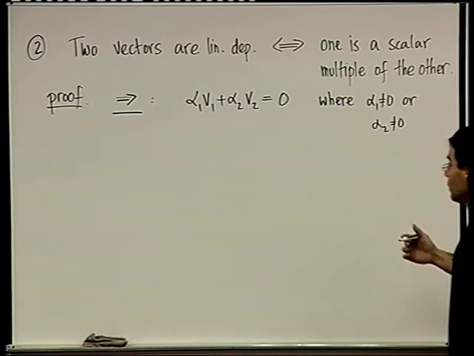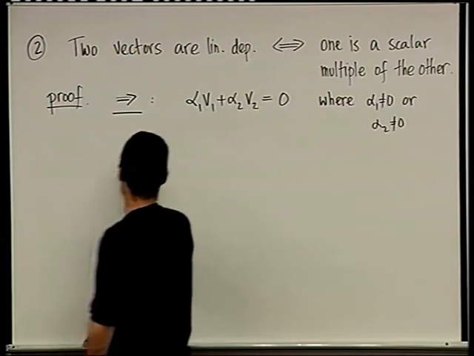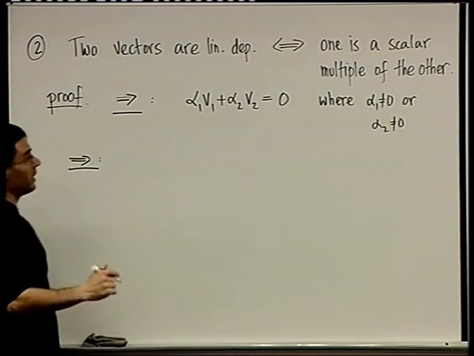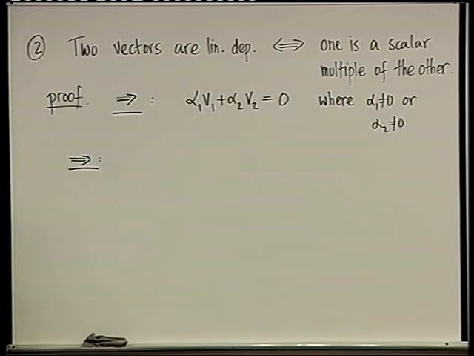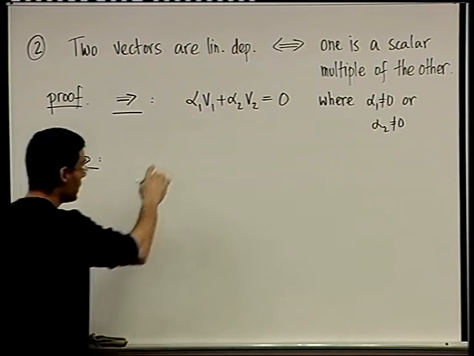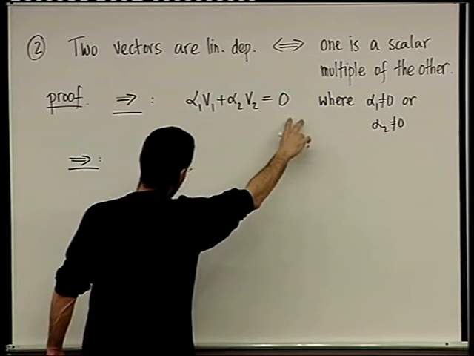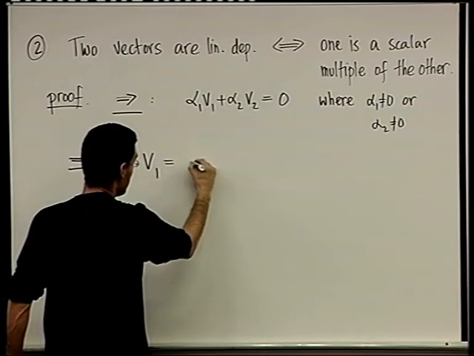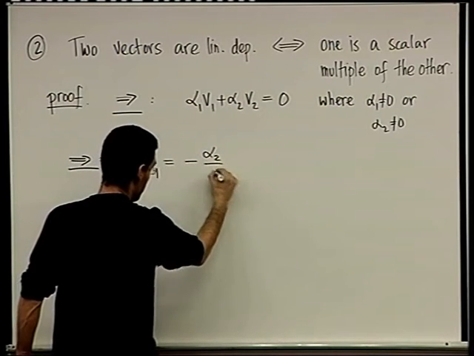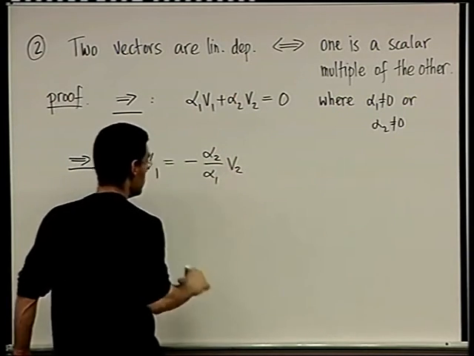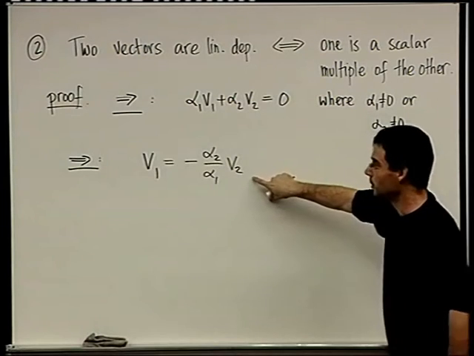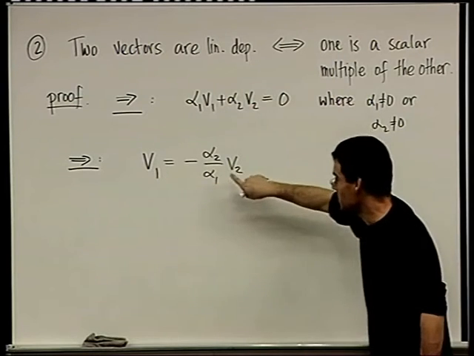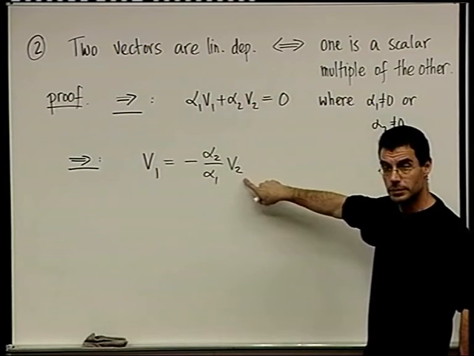Okay? So if let's say alpha 1 is not 0, then we can divide by it. So we can move this to the other side and divide by alpha 1. So we can get that v1 equals minus alpha 2 over alpha 1 v2, if alpha 1 is not 0. Do you agree? And there you have it. v1 is a scalar multiple of v2.